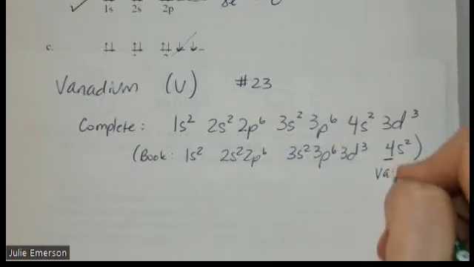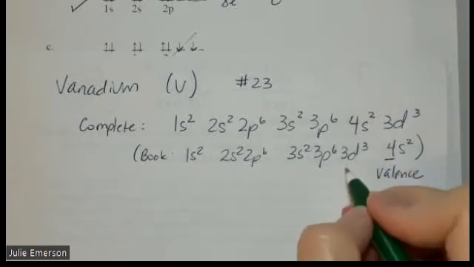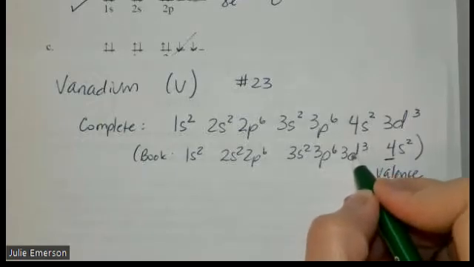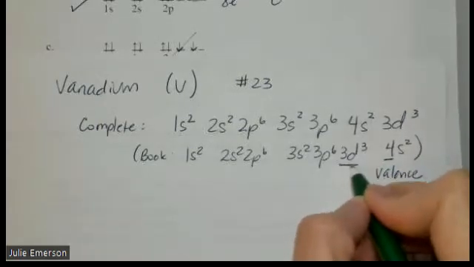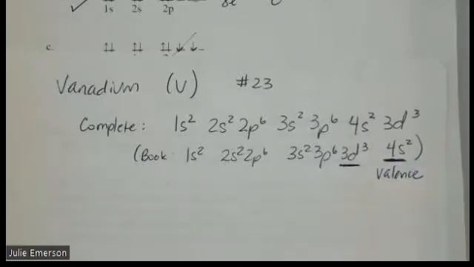So we know that this is valence. But with transition metals, any unfilled d is also valence. Because the 3d for vanadium is not filled with 10, it only has 3, this is also valence. So all of that right there, these are your valence electrons.